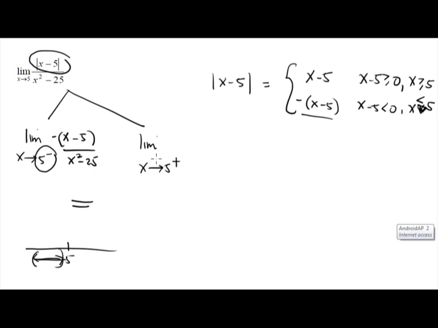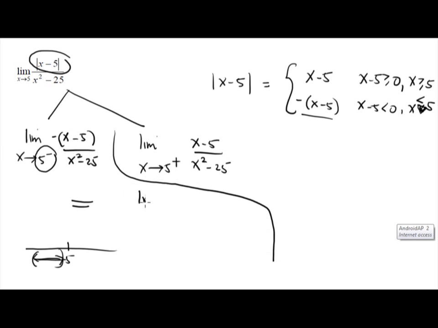In the same way, if you want to get the limit as x approaches 5 from the right, you choose the other option, because the first one is for values less than 5. So we change the absolute value of x minus 5 to simply x minus 5 over x squared minus 25.